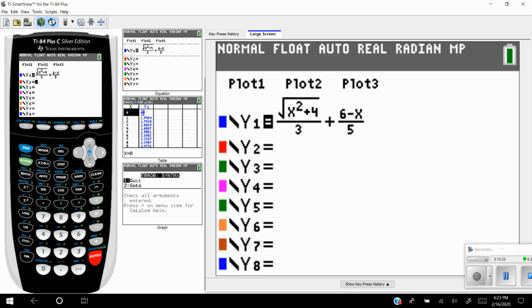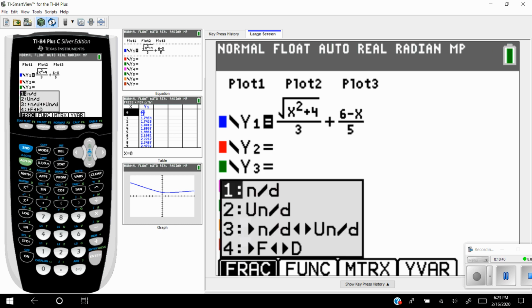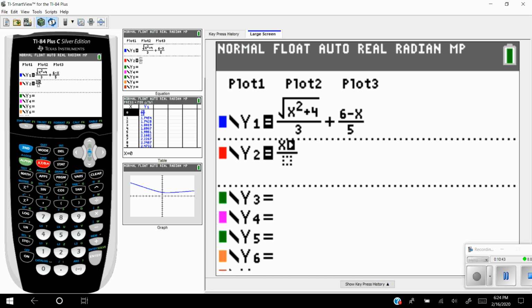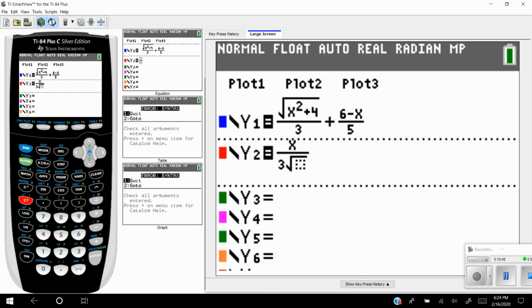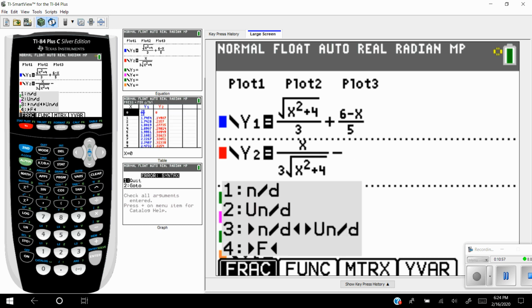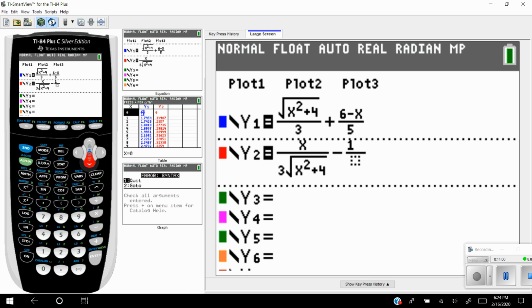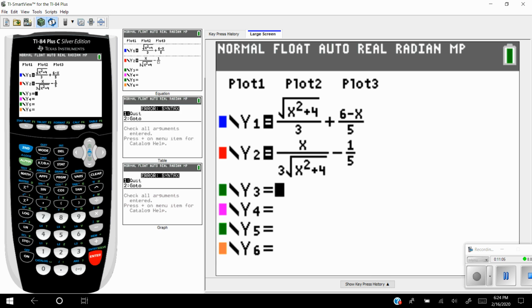And now I'm going to put my derivative function in to y2. So again, I'm going to pull up a fraction here, and it's x over 3 square root of x squared plus 4 minus 1/5. And there we have both the function and the derivative.